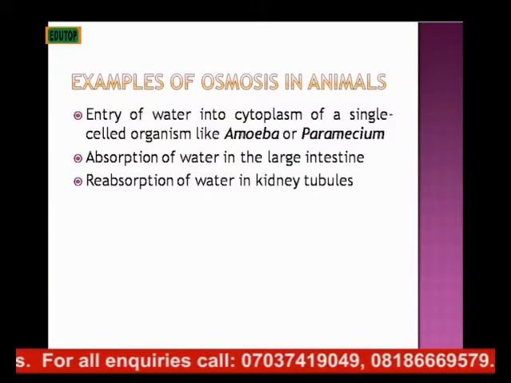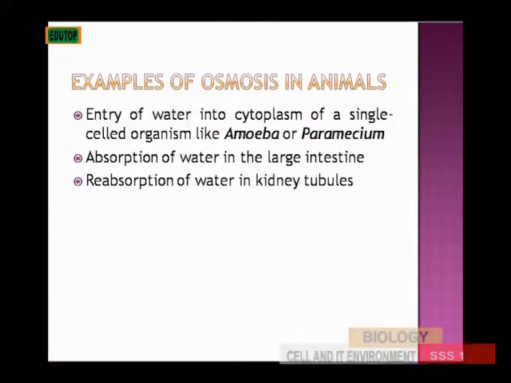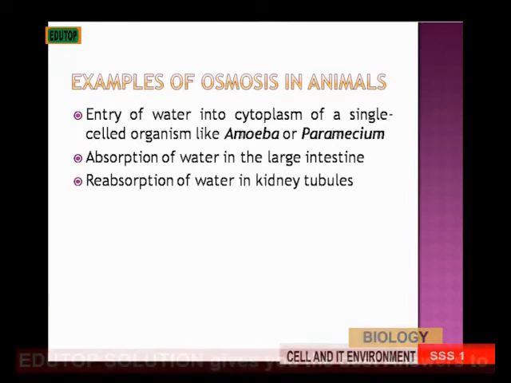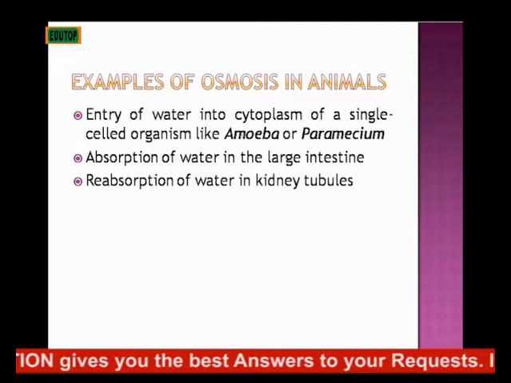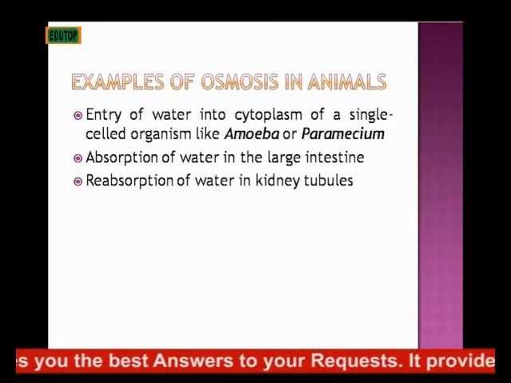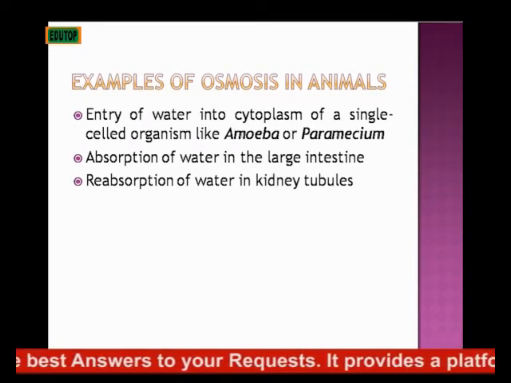Also, the absorption of water in the large intestine of the animal is an example of osmosis. When the food is digested, the parts that are not useful go into the large intestine.